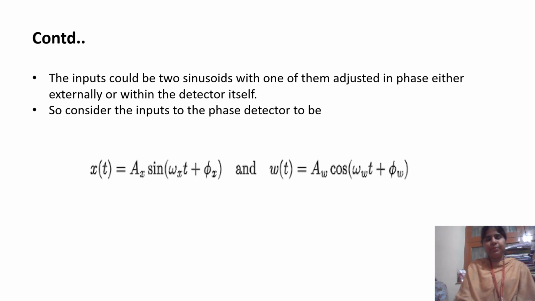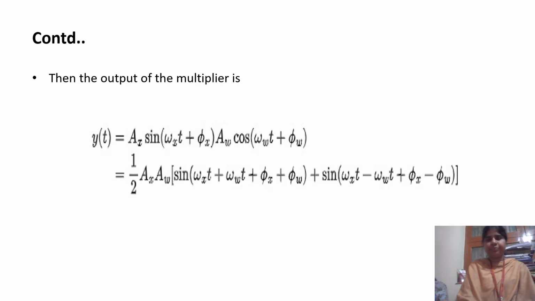The inputs could be two sinusoids with one of them adjusted in phase, either externally or within the detector itself. So consider the inputs to the phase detector to be X of t equal to Ax sin(Wx t plus phi x), and W of t equal to Aw cos(Ww t plus phi w).